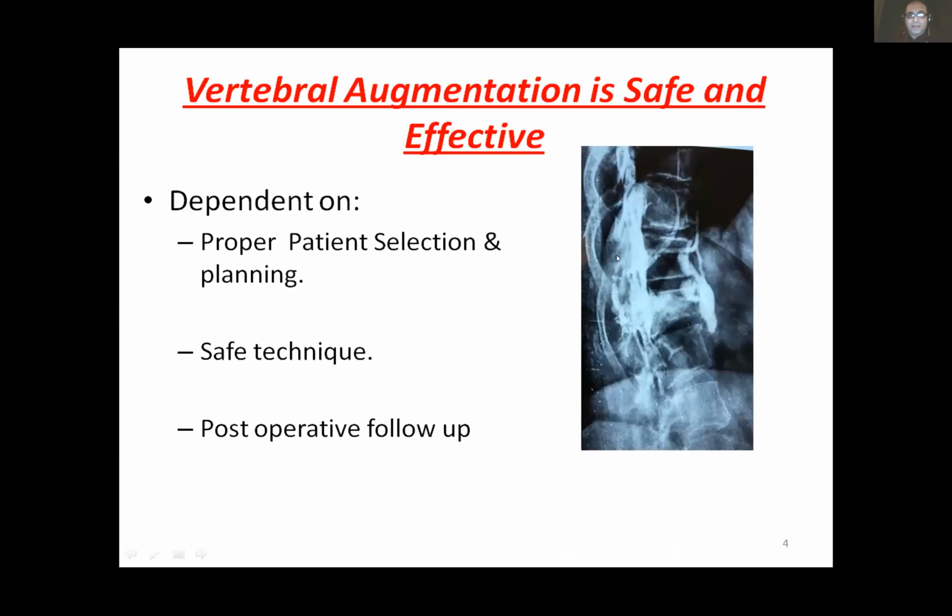Not only central cement leak, but also vascular cement leak, which can escape and cause pulmonary embolism and devastating complications for the patient. And in order to avoid such devastating complications, you need to rely on proper patient selection, proper planning, proper safe technique for the procedure, and proper follow-up for your patients.